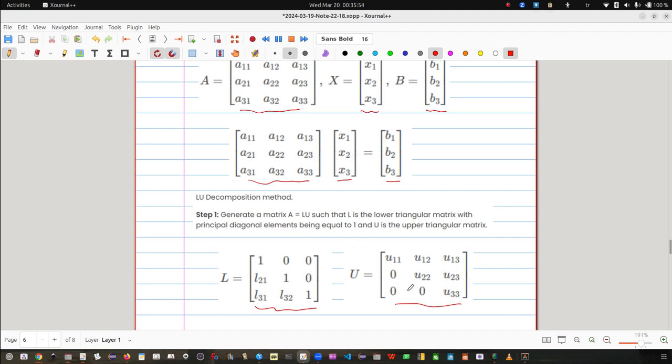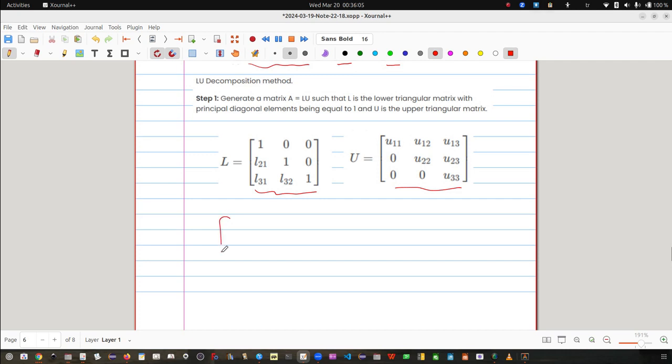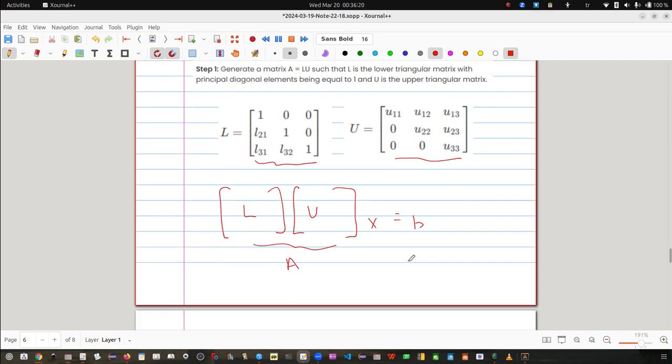When you multiply them, with L and U, this means A times X is equal to B. This is the structure of it. Let's multiply these two matrices. The first element here is 1, which means the top row will be transferred as is.